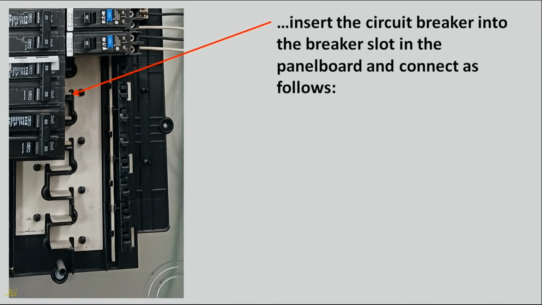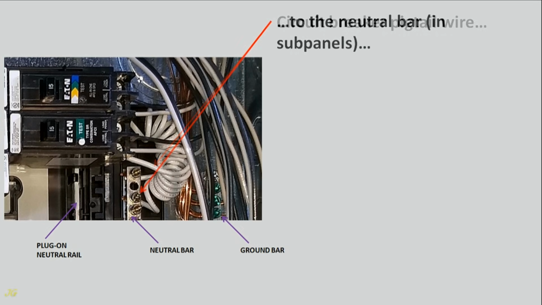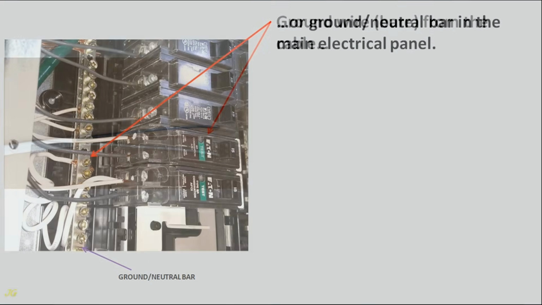Insert the circuit breaker into the breaker slot in the panel board and connect as follows. Circuit breaker pigtail wire to the neutral bar in subpanels, or ground neutral bar in the main electrical panel.